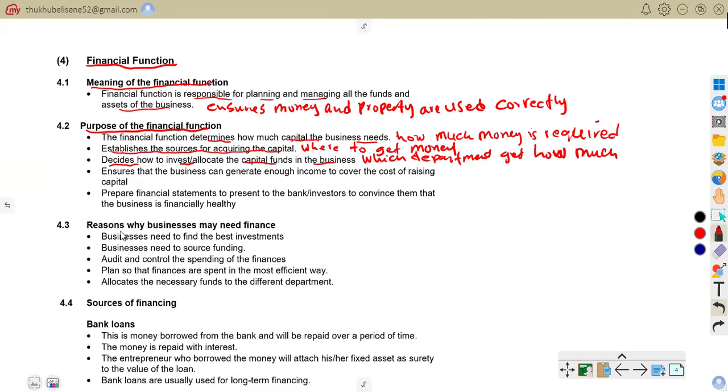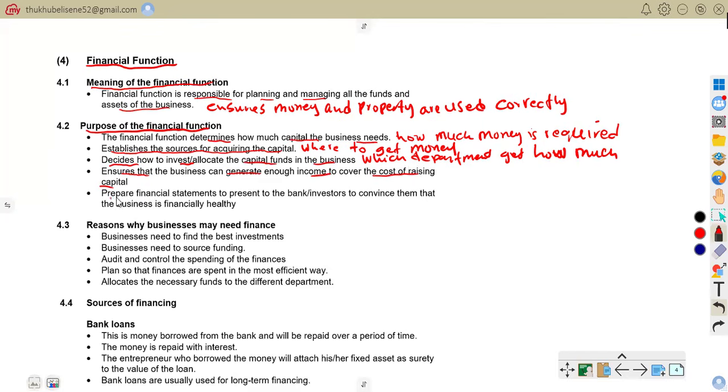For example, buying new equipment ensures that the business can generate enough income to cover the cost of raising capital. It makes sure the income is enough to pay the loans.